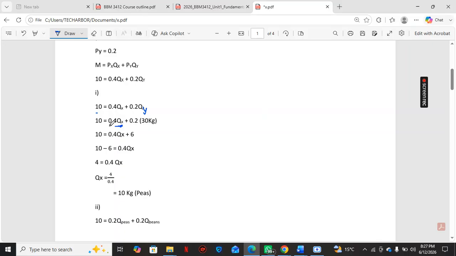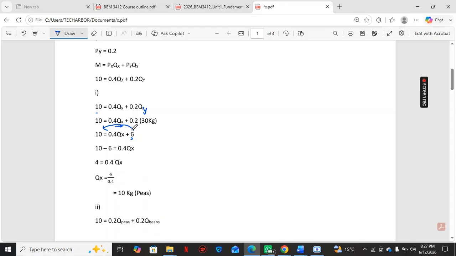So you're going to substitute QY with 30 kg. 0.2 times 30 kg, that is 6. So you have 10 equals 0.4X plus 6. You like terms, you bring them together.